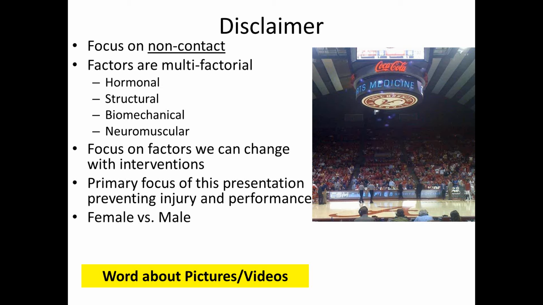I'd like to start out with a couple of disclaimers. The primary source of our research data comes out of the sports medicine literature, the orthopedic literature, and the sports performance literature.